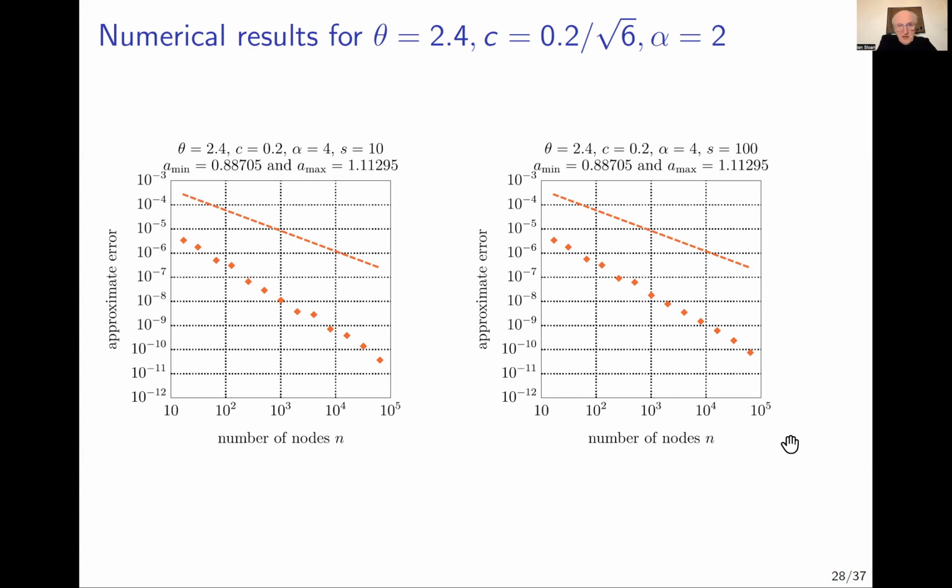I mean, the red dots are, we're looking at the number of nodes as the horizontal axis, 10 squared, and 10 cubed, and so on, going up to 10 to the 5th. And the error on the left-hand side, for s equals 10, going down to 10 to the minus 11 or so, and in a steady way. And similarly, with similar results, even for s equals 100.